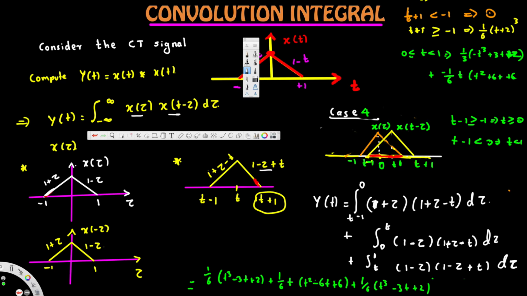And if we simplify this one, that's going to give us 1 over 3 t cube minus 3t plus 2, and then plus 1 over 6 t square minus 6t plus 6. Okay, so this is going to be the final expression.